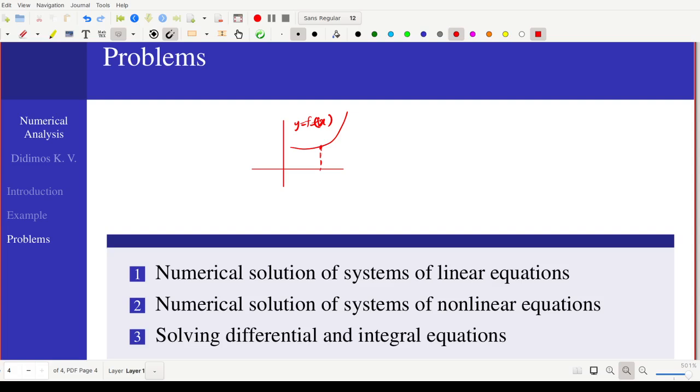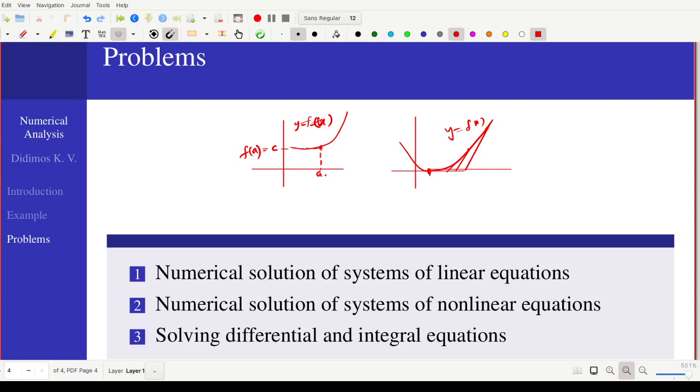Suppose we have a function y = f(x) and we want to find a zero of this function. Suppose we have this graph, and this is a zero of the function y = f(x). In order to get this root, we calculate the tangents here and the zeros of the tangents.